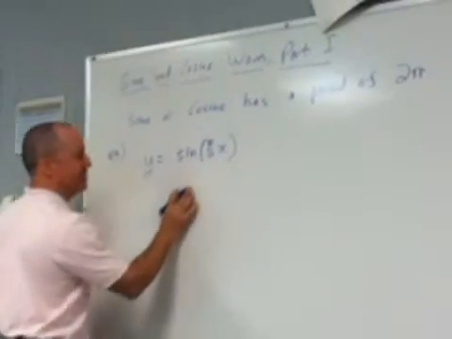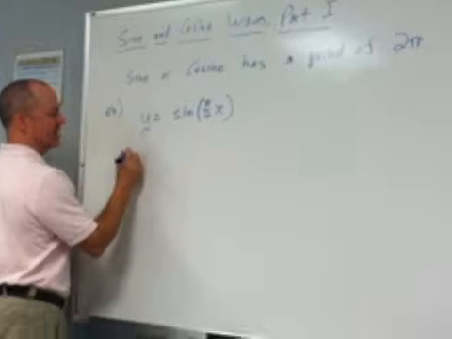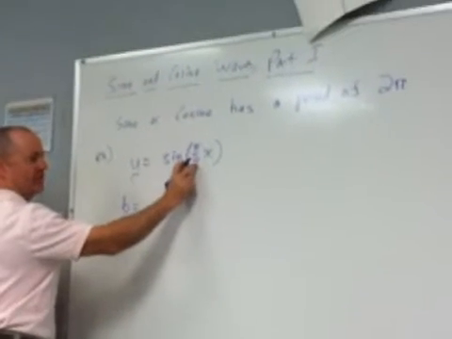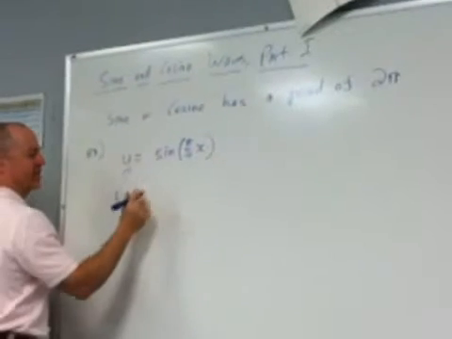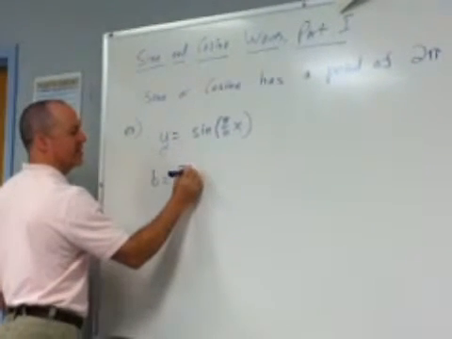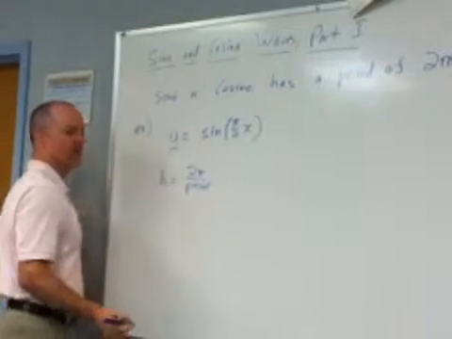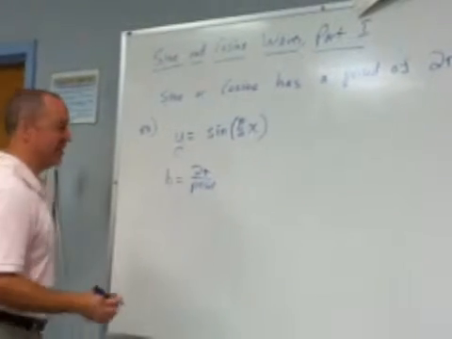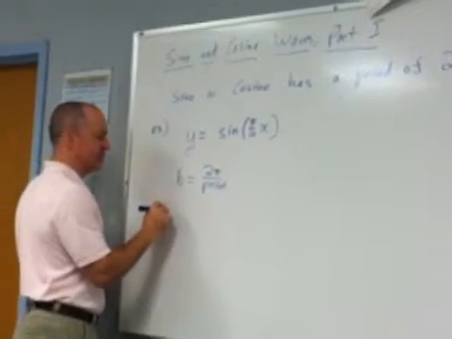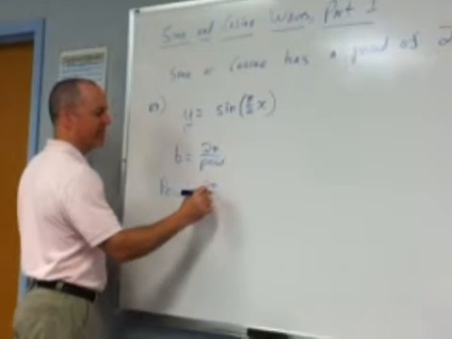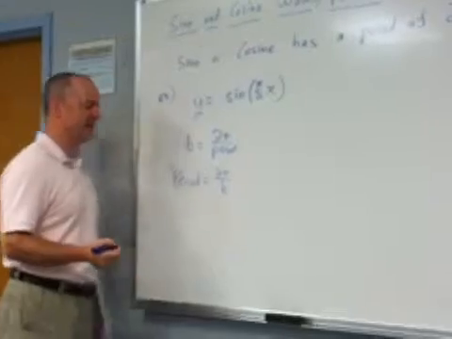And the relationship is that b, the coefficient in front of the x inside your function, always equals 2 pi over your period. With a little bit of algebra, you can rearrange this to say that your period is 2 pi over b.